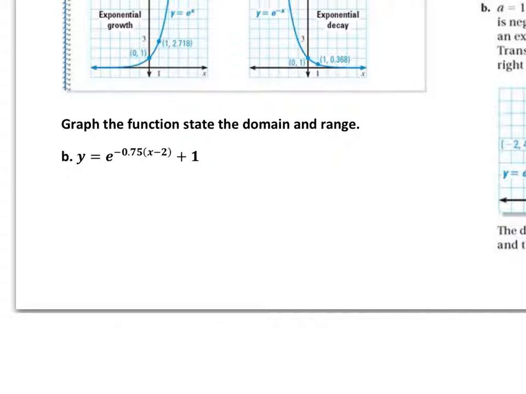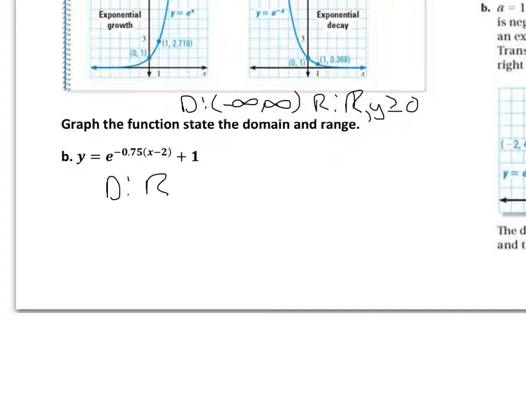Well, the standard domain is all real numbers, and the range for the standard function is all real numbers when y is greater than or equal to 0. If we moved it up 1 unit, the domain doesn't change. It's all real numbers.